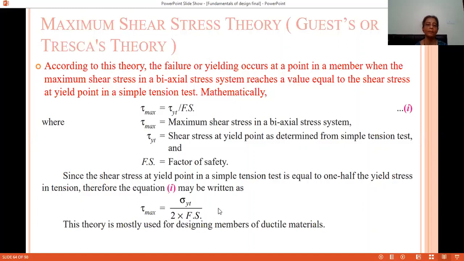So our formula becomes tau max is equal to sigma YT upon 2 times factor of safety. Now we know that sigma YT upon factor of safety is sigma T1. So we can say that tau max is equal to sigma T1 by 2, or it is 0.5 times sigma T1.